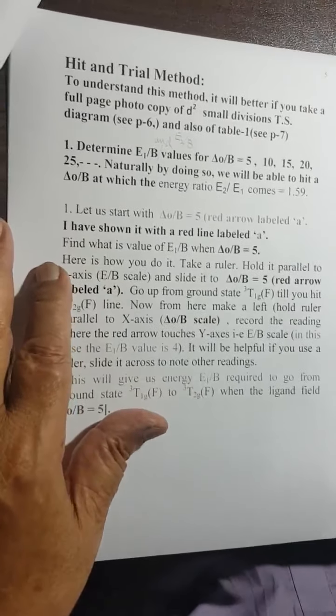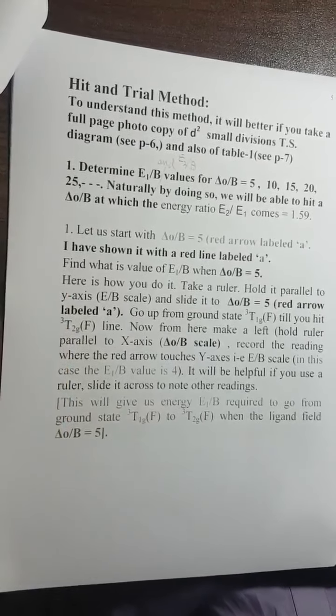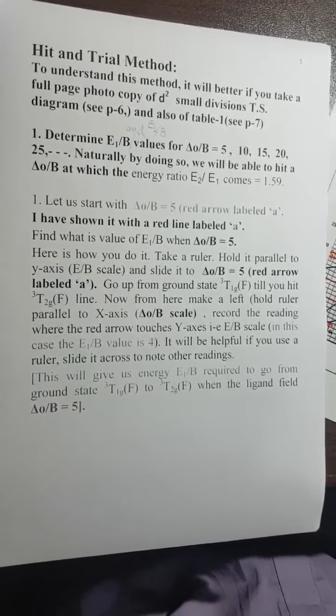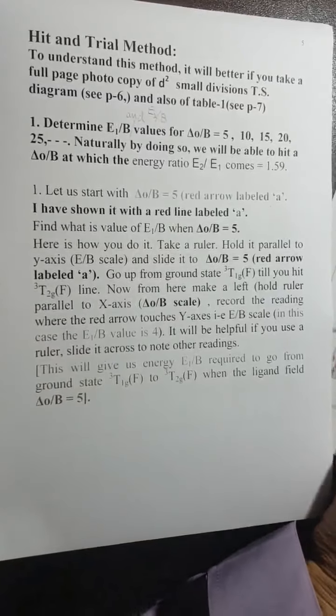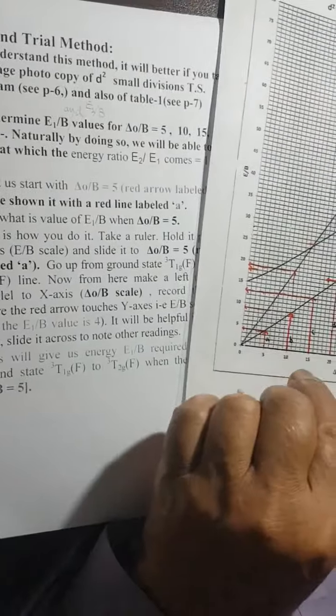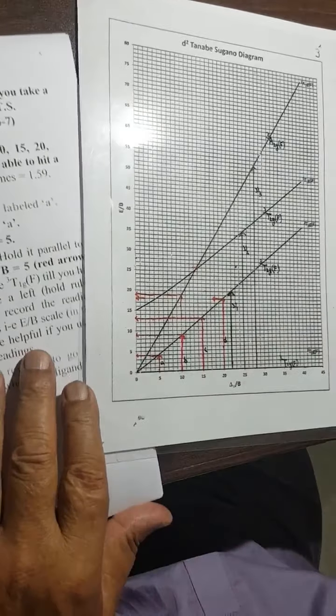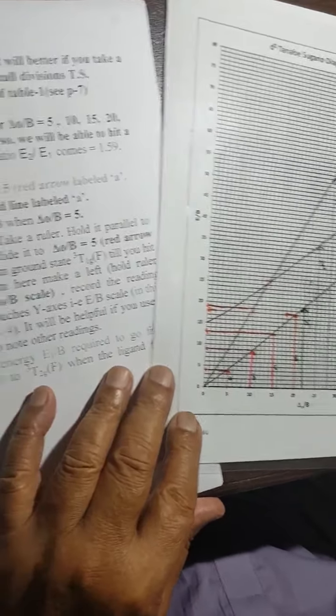The method which we use is called hit and trial. To understand this method, it is better you take a full page photocopy of the d2 Tanabe Sugano diagram like this. I have already sent you this one, and it is given on the next page.